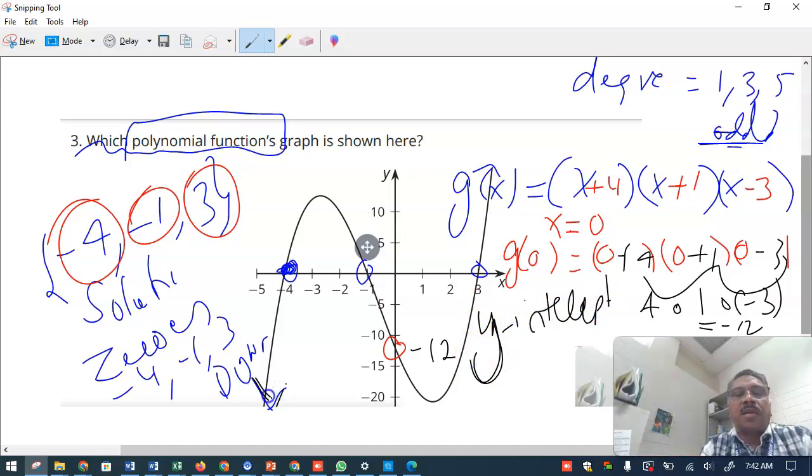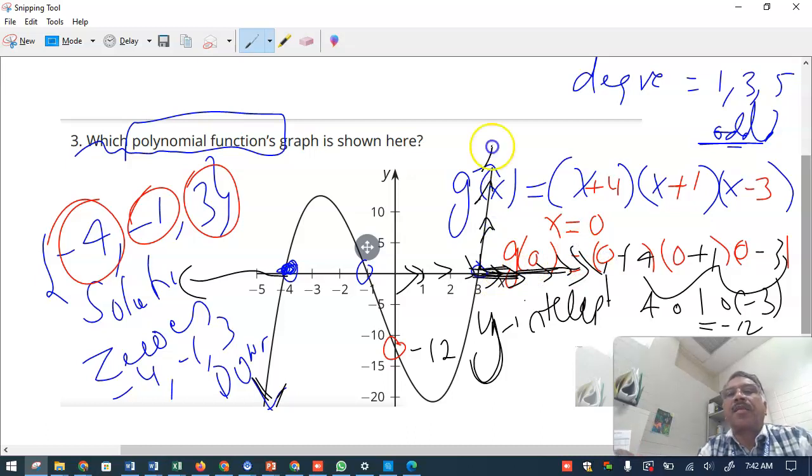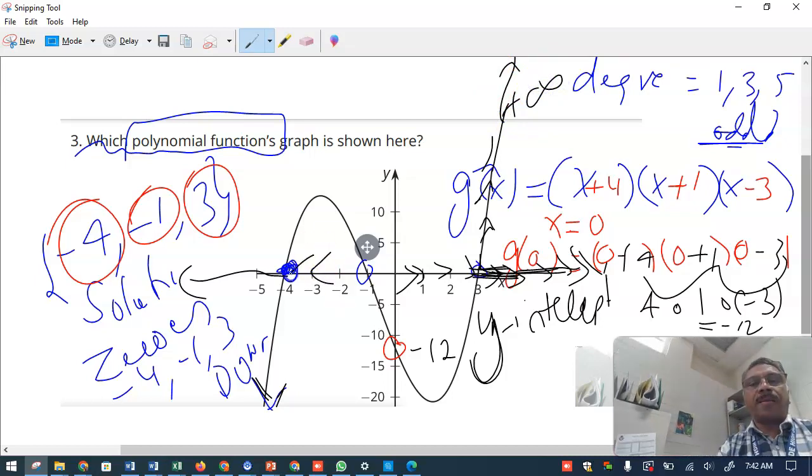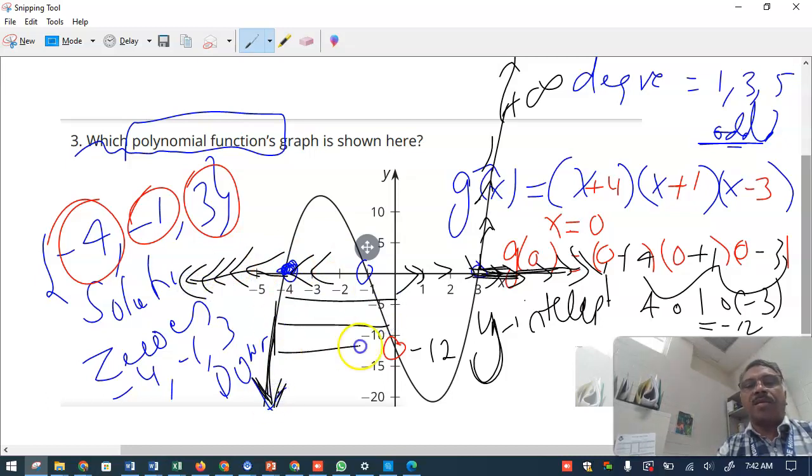Very soon you'll see the behavior. What is the end behavior of this graph? As you go on increasing x to a very large positive number, the y coordinate, this graph, will go up to plus infinity. The same thing on the left side: when x becomes a very large negative value, the graph goes down, so the y coordinate becomes a very large negative number.